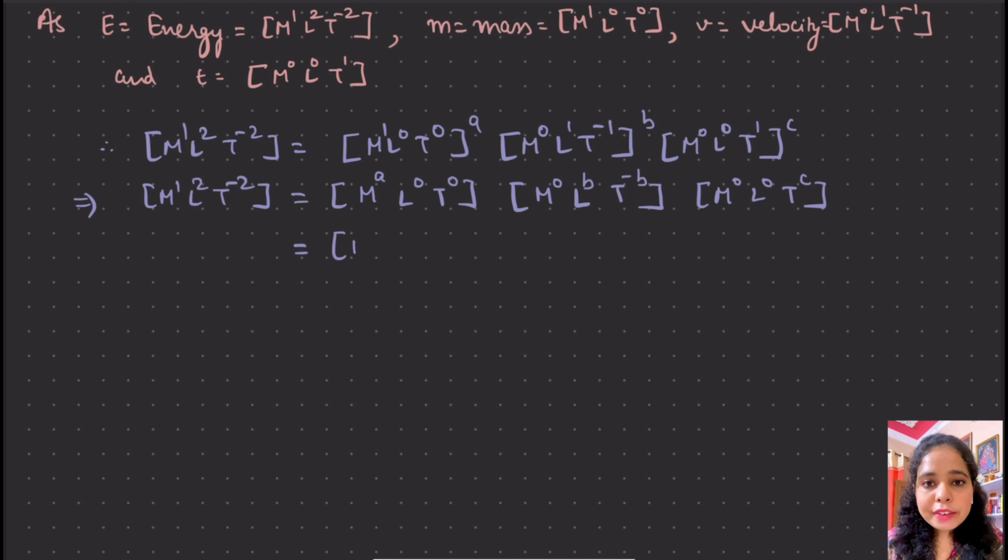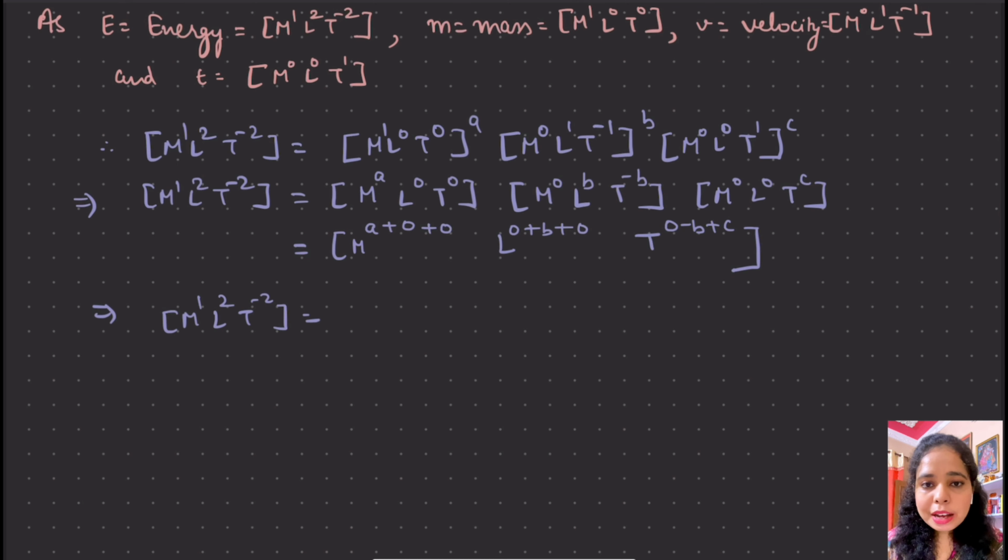Now we have the same bases, so powers will be added up. Here M raised to power a plus 0 plus 0. So we have added the powers of the same base, that is mass. For length, similarly we have 0 plus b plus 0. And similarly for the physical quantity T, the same base T, we have powers 0, minus b and c. We will add up these powers. So we have T raised to power 0 minus b plus c.